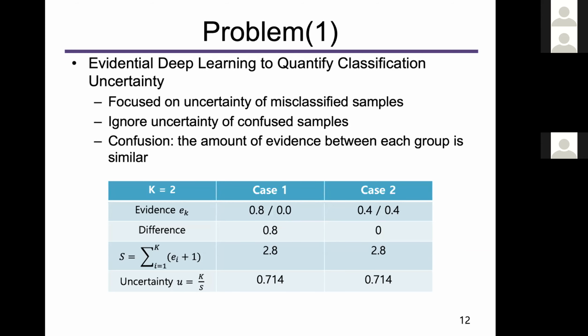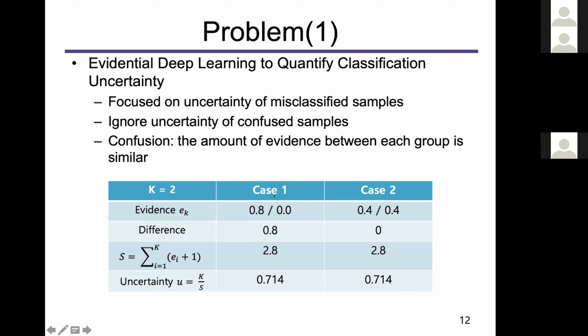But EDL also has a problem where the sample is in between two classes. Let's say there are two classes, and in case 1, the evidence of number 1 is 0.8 and the evidence of number 2 is 0.0.